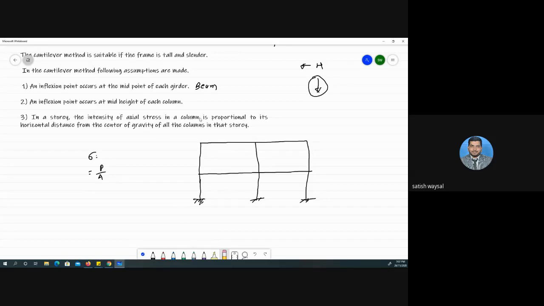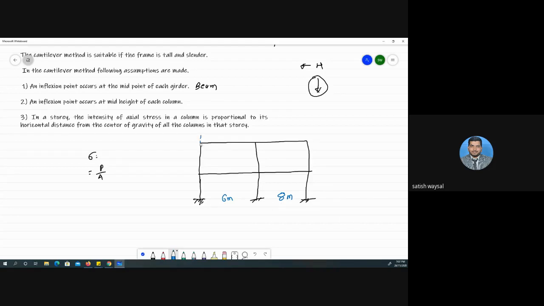So this statement says that the stress in a column is proportional to its horizontal distance from the center of gravity of all columns. Suppose this distance is 6 meter and this distance is 6 meter, or let us make this distance 8 meter.